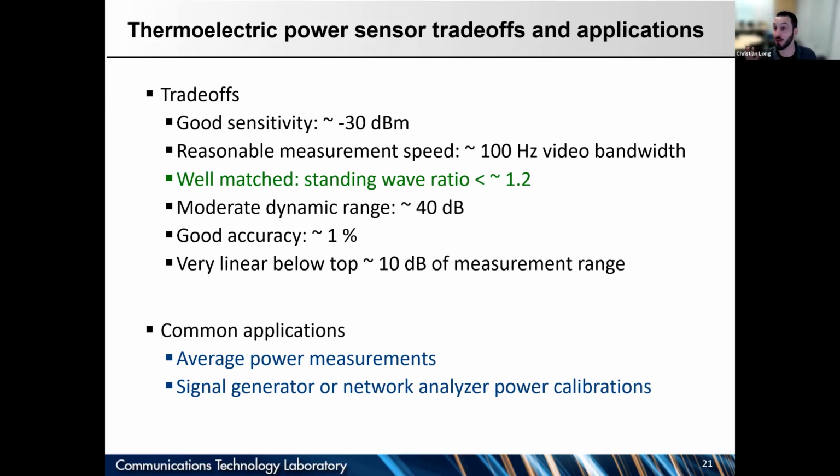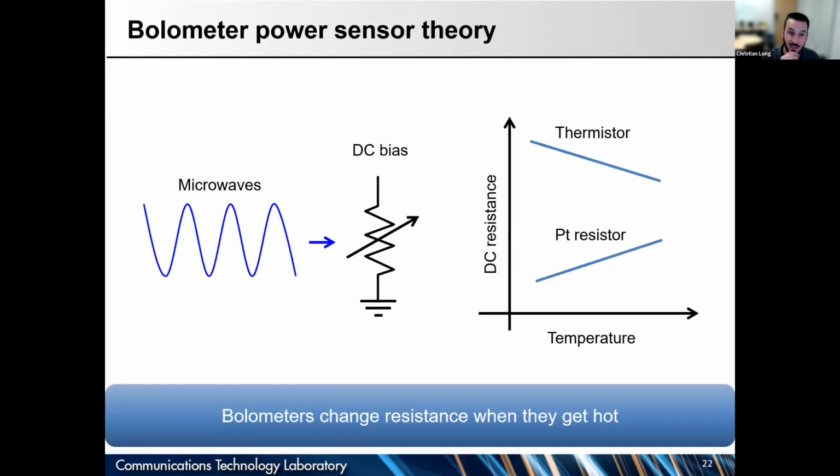And it's very popular for calibrating the source levels for signal generators and things like network analyzers, because those are often putting out a narrow band or single frequency signal. Another technology which is much more popular at National Metrology Institutes and maybe less common in applied laboratories is a bolometer.